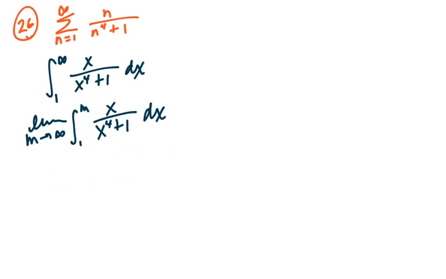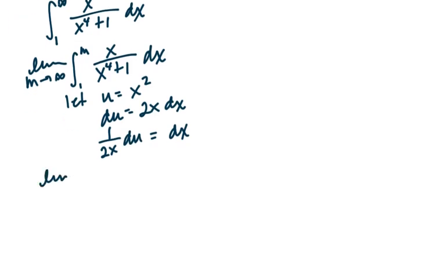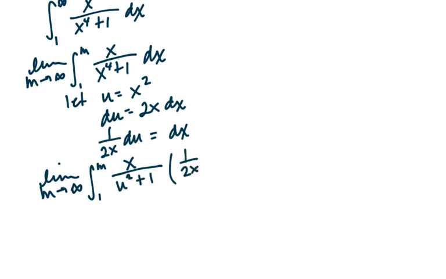So I can use u sub, and let's let u equal x squared. Then du is 2x dx, so dx is 1 over 2x du. So now we have the limit as m approaches infinity of the integral from 1 to m of x over u squared plus 1 times du, which is 1 over 2x du.